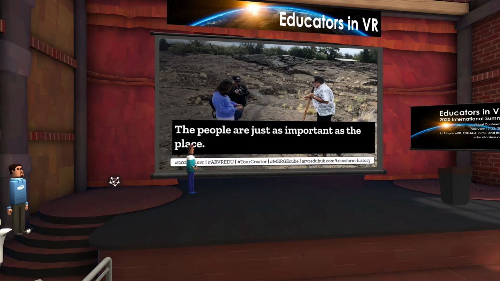And so, of course, the people are just as important as the place. I mean, without the people, we may not really recognize how significant these places are. And so having that connection is really important. This is a picture of a lava field, and they are petroglyphs.